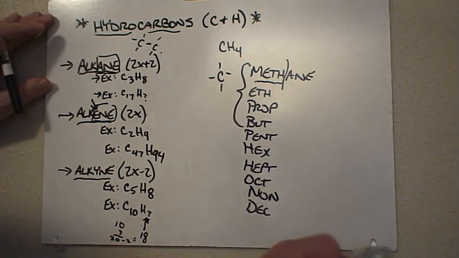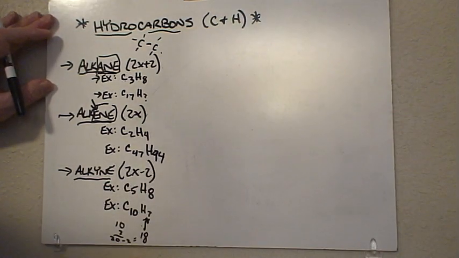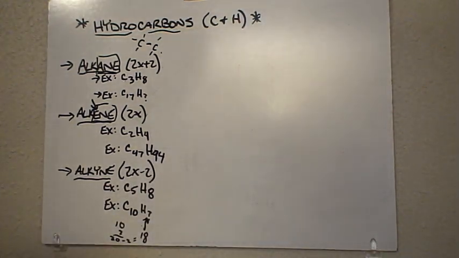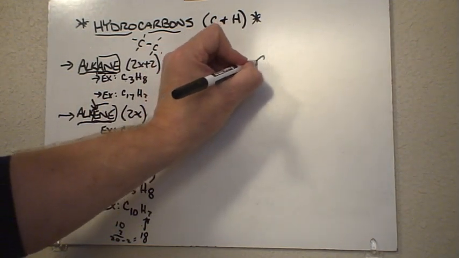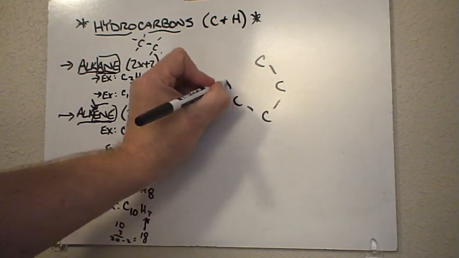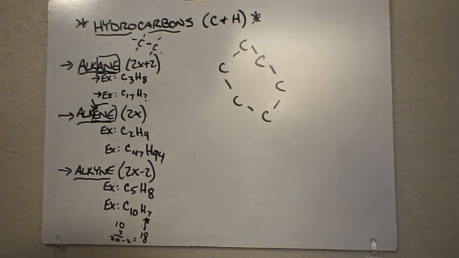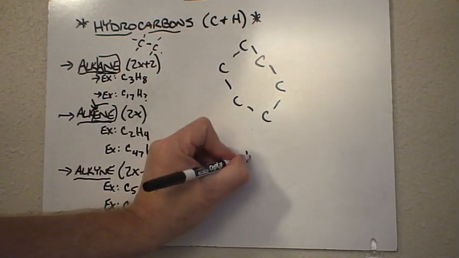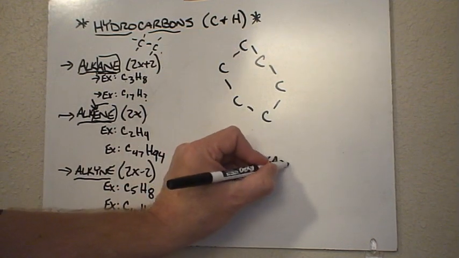People usually remember those. Now, there's one more thing that can actually happen in hydrocarbons, and that's that they form an actual ring. So what happens if I have 6 carbons, 1, 2, 3, 4, 5, 6, and they're all combined this way? Well, here I see 6, so that's hex. They are all single bonded, so it's ane.